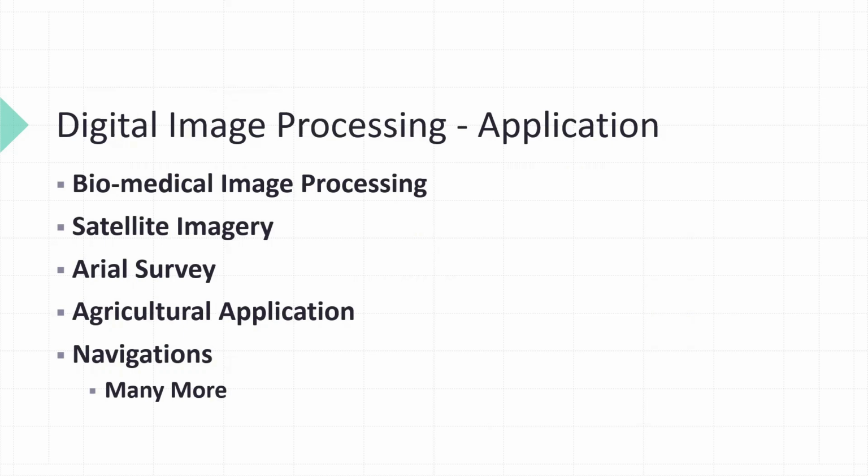Some of the applications which I have not mentioned here are image steganography, image cryptography, image security, cyber security, and even surveillance cameras. In surveillance, during traffic management, digital image processing also helps us.